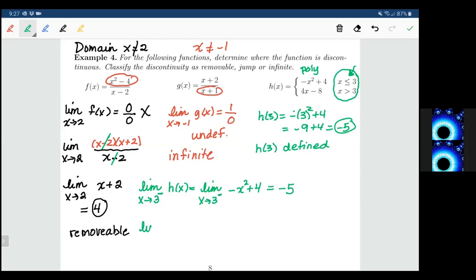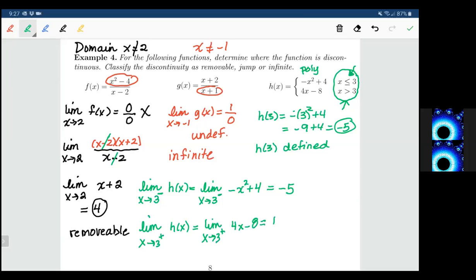Now let's examine the right-hand limit. So we take the limit as x goes to 3 from the right of h of x. And again, we'll pick the appropriate branch. If we're on the right-hand side of 3, the values of x must be greater than 3. So that's the same thing as looking at the limit as x approaches 3 from the right of 4x minus 8.